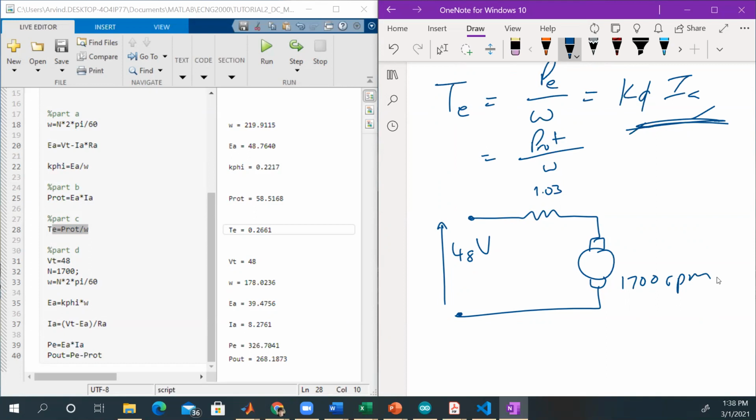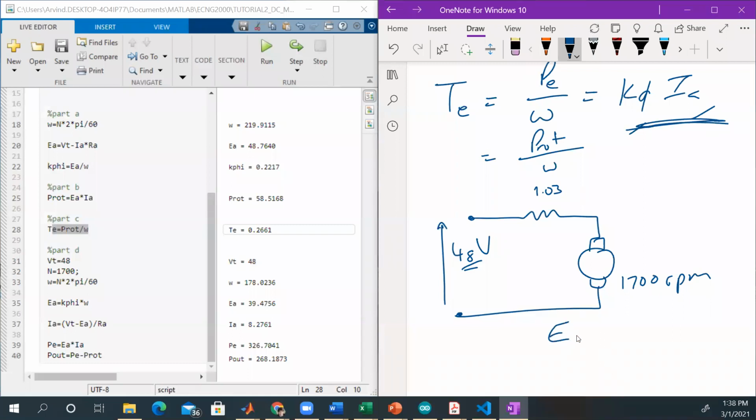Remember, if we had a shunt excited machine, then the input voltage here would have affected the current, and that would affect the flux. But in this case, it is separately excited, so that doesn't make any difference whatsoever to us. So we have the same flux, and we just have a different speed.